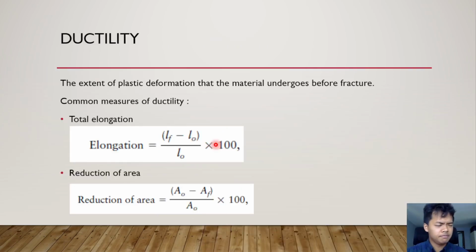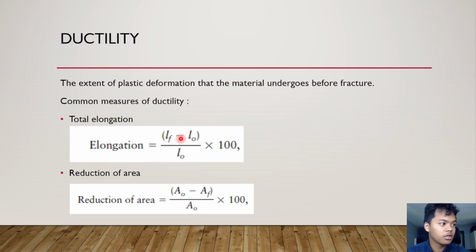Next we have ductility. What is ductility? Ductility is the extent of plastic deformation that the material undergoes before fracture. In a nutshell, ductility is how much we can pull a material apart before it fractures or tears apart. Common measures of ductility: first is total elongation.